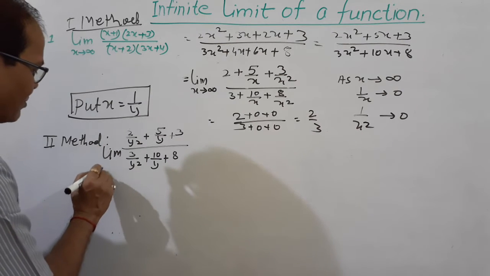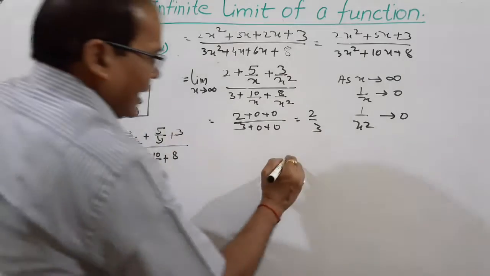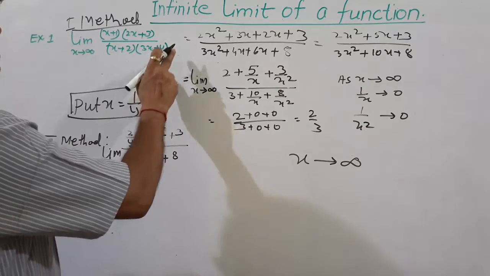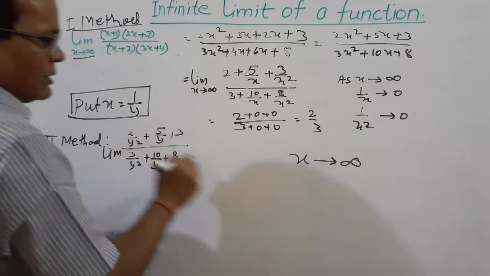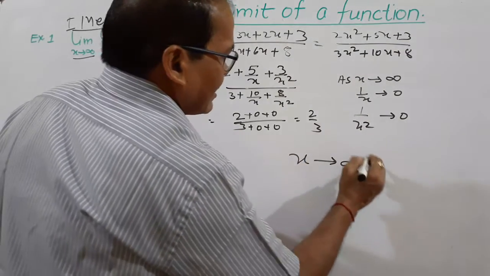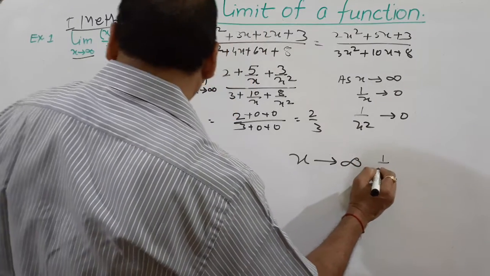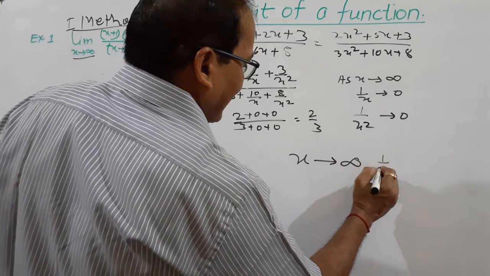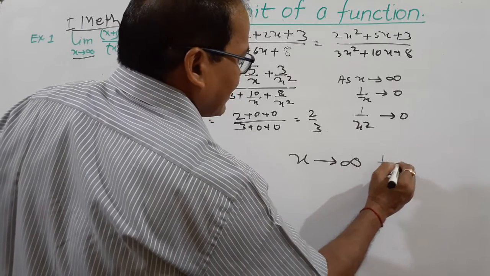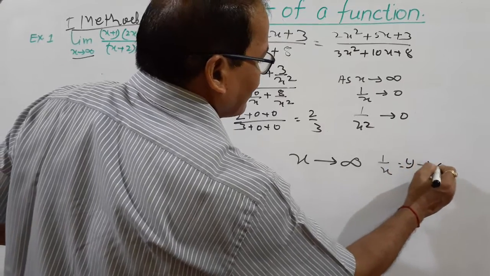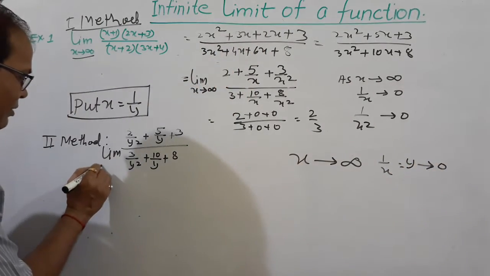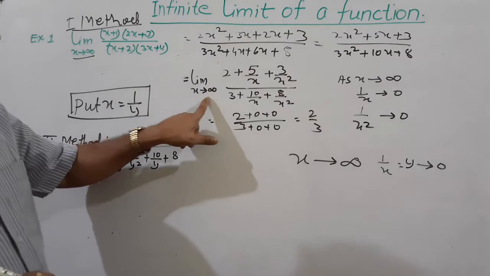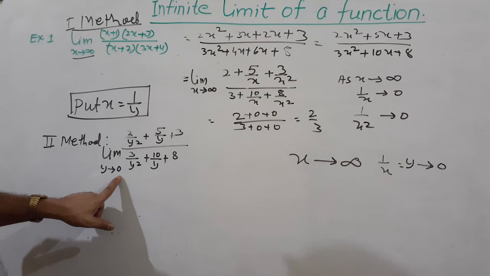Now you see here, x is tending to infinity, as given, then 1 by x, which is y, is tending to 0. So we should write y tends to 0. This you have to remember: if x is tending to infinity, then y is tending to 0.